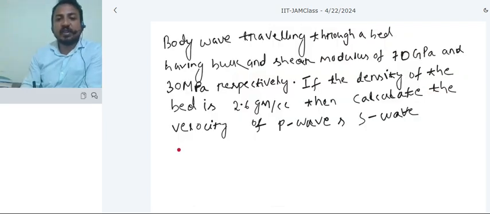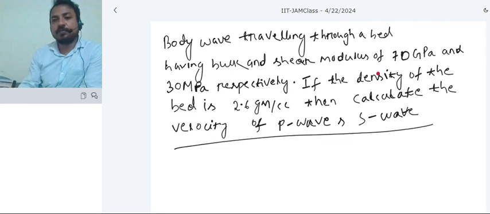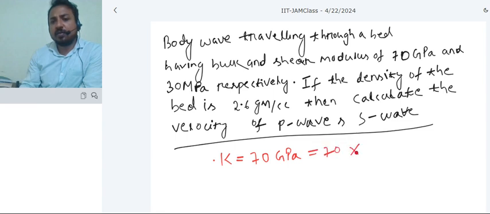Next we write what are the given things and what is asked. Given: bulk modulus is 70 GPa, that means 70 into 10 to the power 9 Pascal.